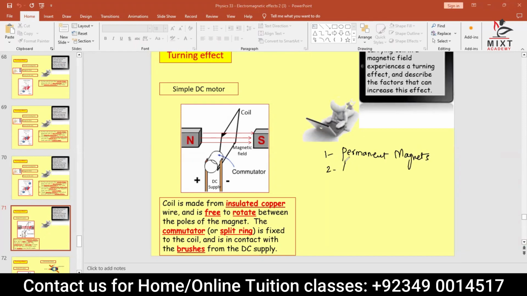Number two, armature, along with, in the bracket, write it down, the coil wound. Third one, power supply.